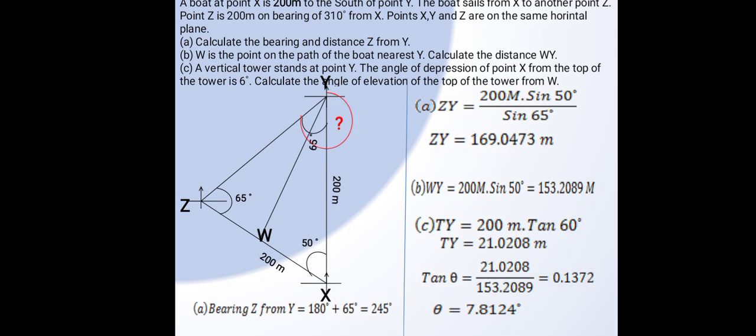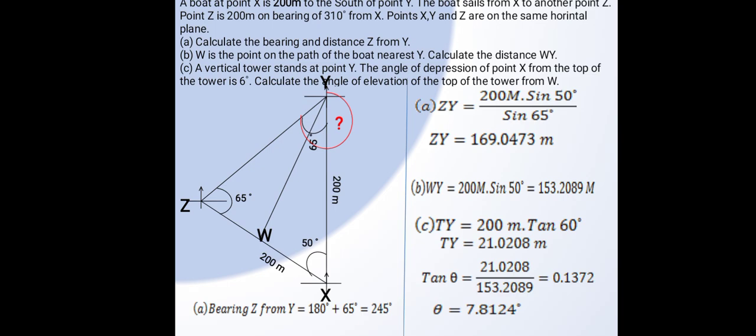Part B, we have been asked that W is a point on the path of the boat nearest Y. Calculate the distance WY. Now look at the diagram where WY is. Since it's the shortest distance, it is always at 90 degrees.